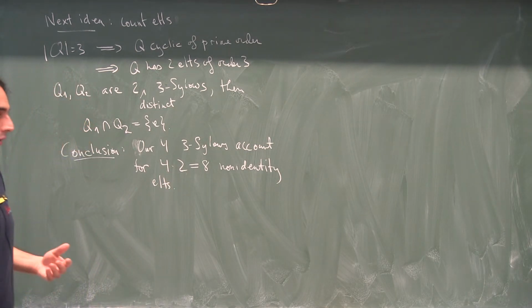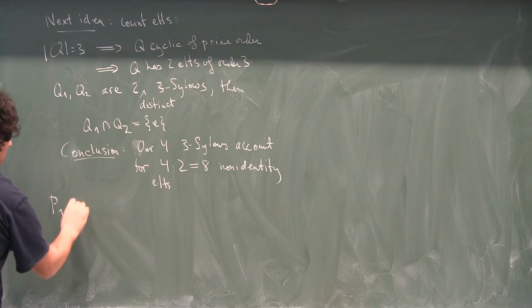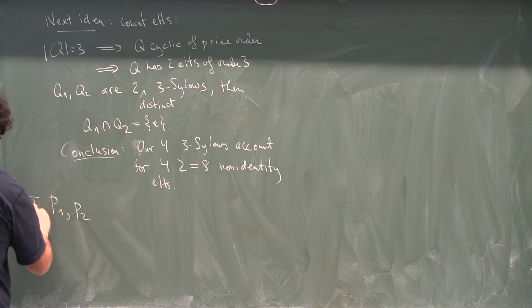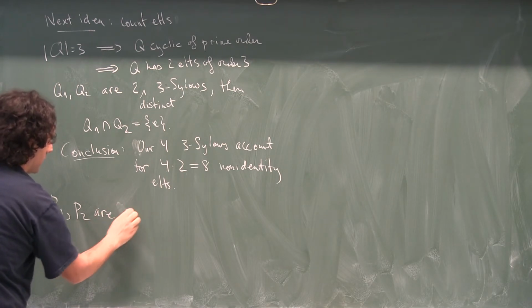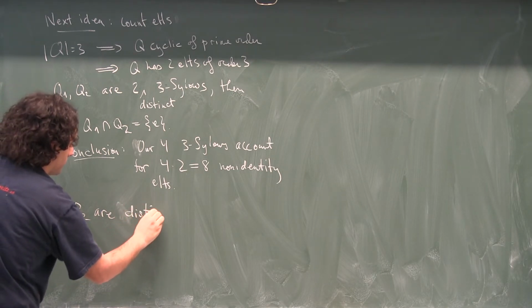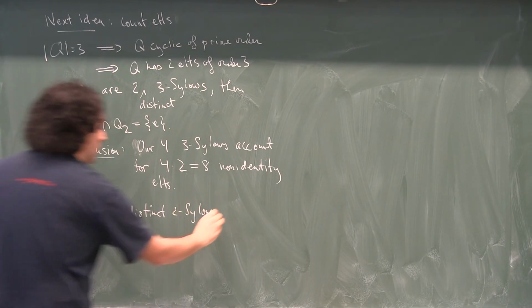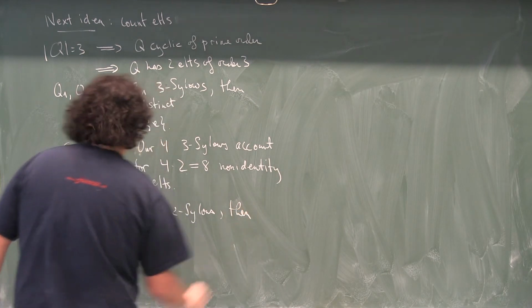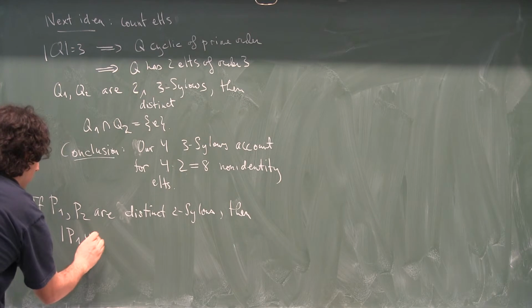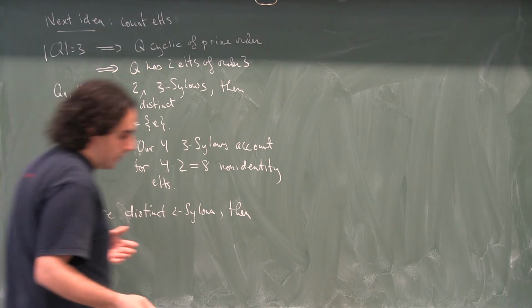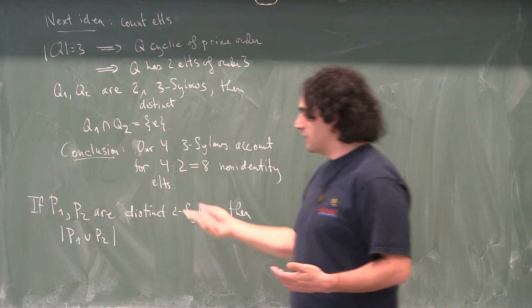Now, if I have P1 and P2, if P1 and P2 are distinct 2-Sylows, then what is the cardinality of their union? In this case, the order is 4.